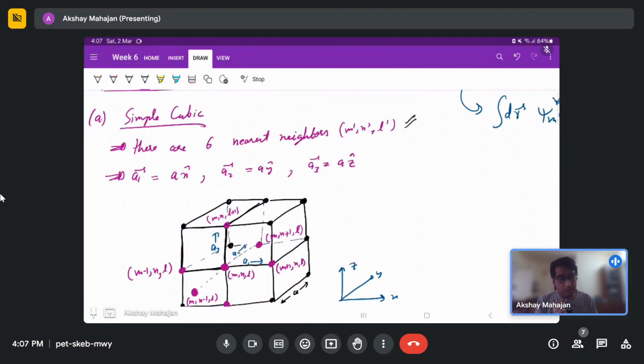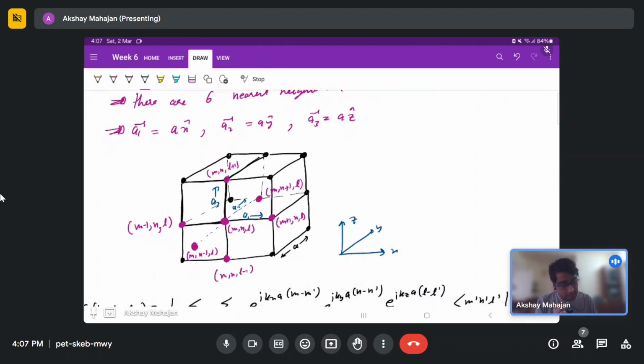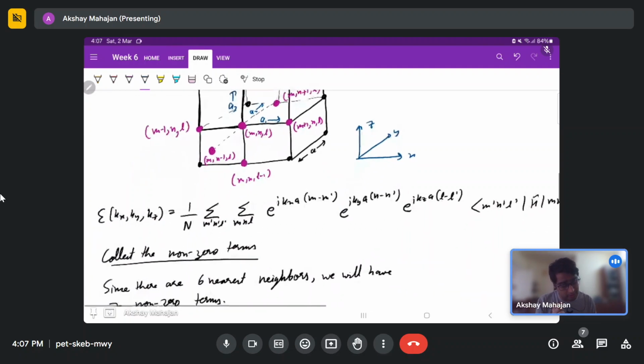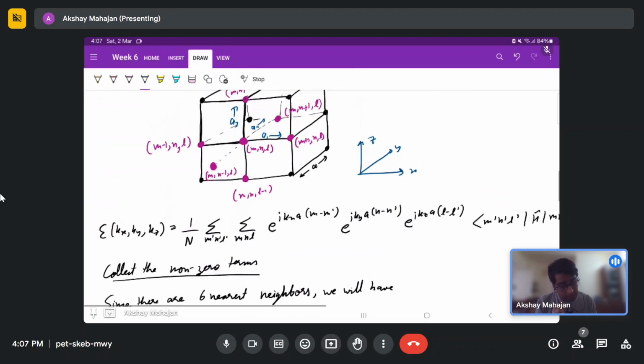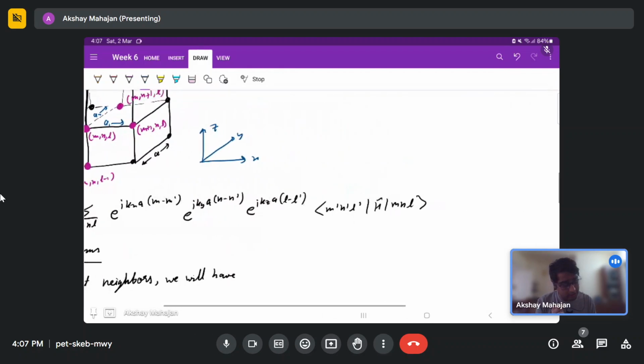Then we solved the problem for the simple cubic, in which first of all there are six nearest neighbors, and a1, a2, a3 vectors were given to us. Accordingly, if we start with m, n and l, then we define the indices for the other six coordinates. Then using the a1, a2, a3 vectors given to us, we can write our energy dispersion like this.